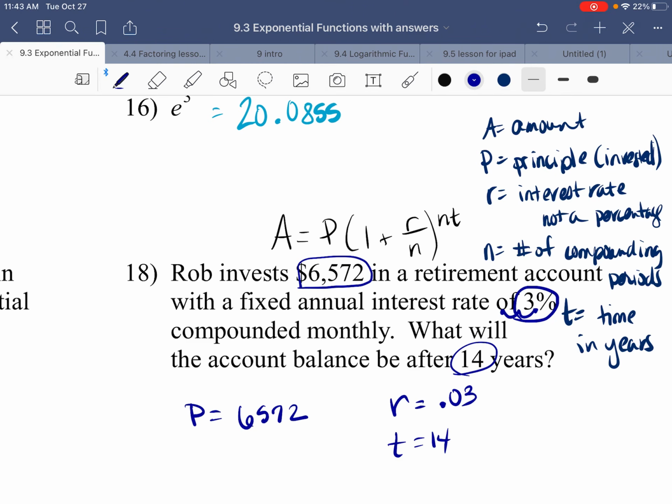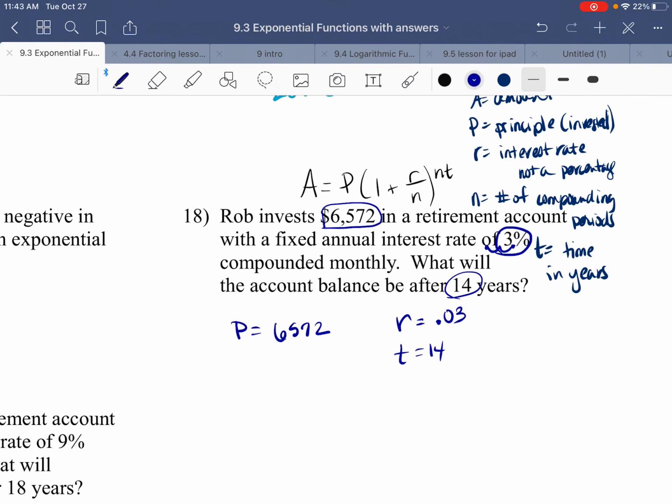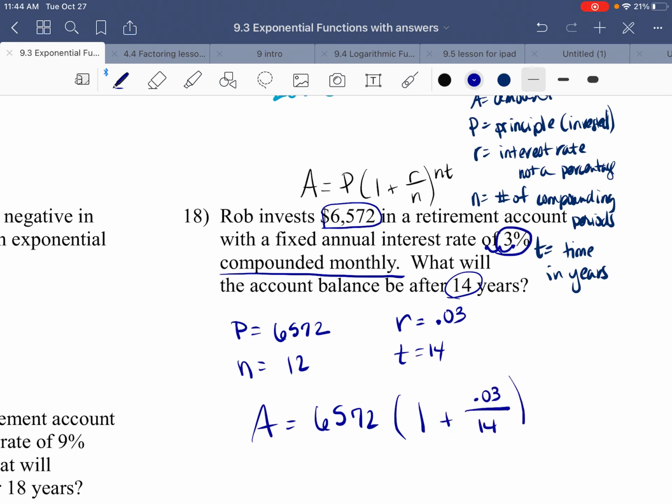Rob invests $6,572 in the account with that interest rate compounded monthly. So the compounded monthly, that's going to give you your compounding periods. There's 12 months in a year. That's how many compounding periods there are. So you can write your equation, 6572, 1 plus 0.03 over 14, and then your exponent is going to be 14, and you can put 12 there.